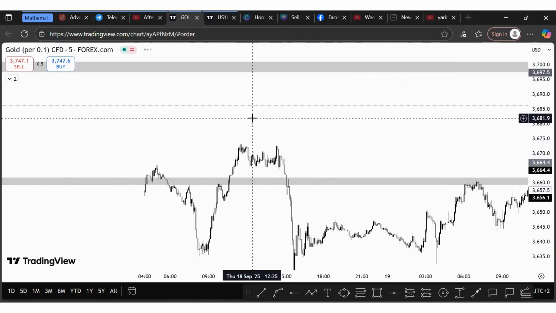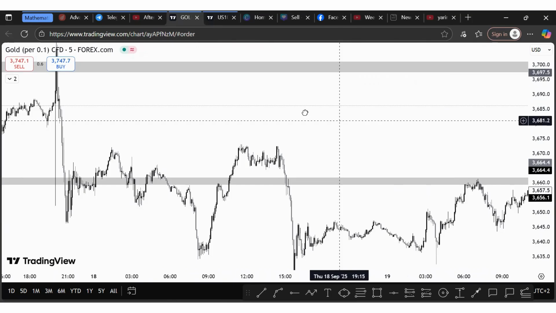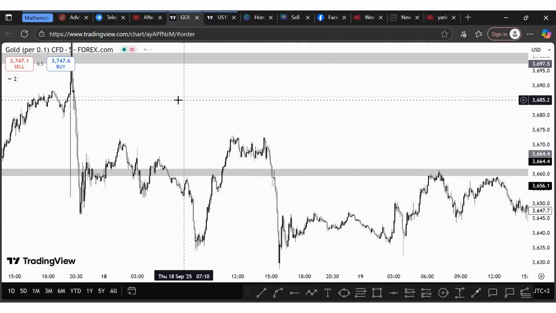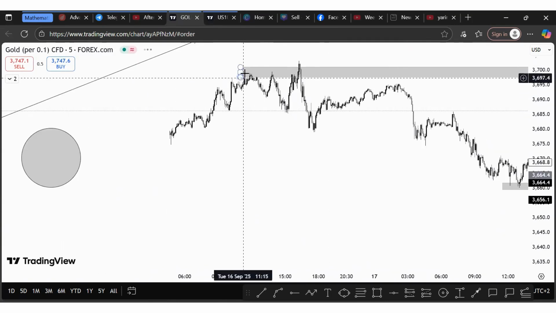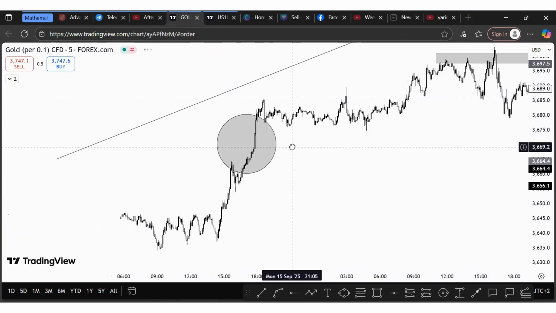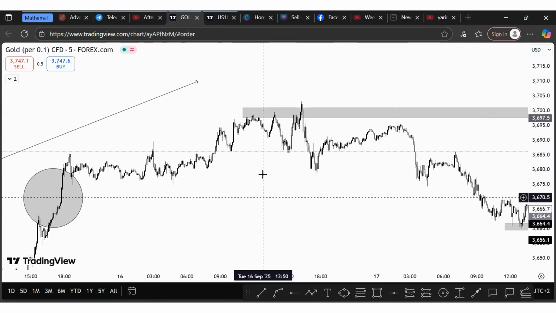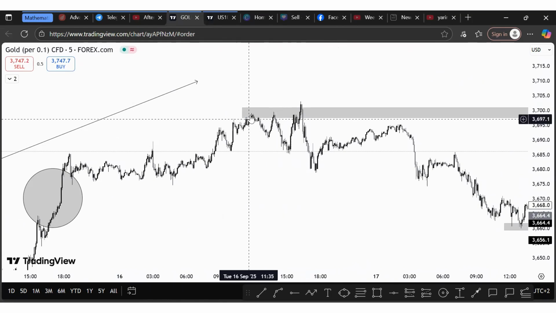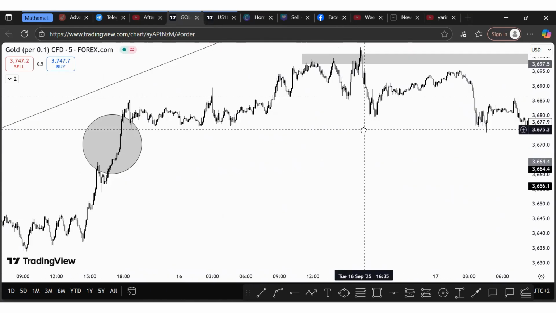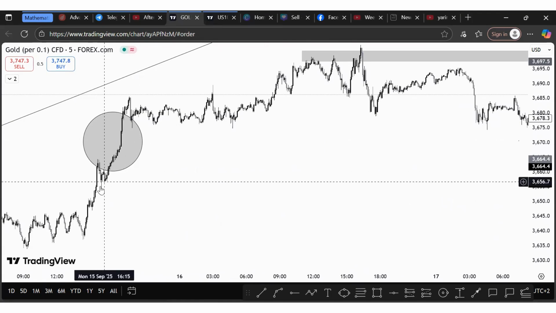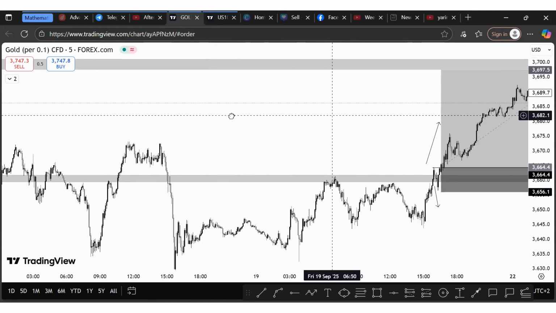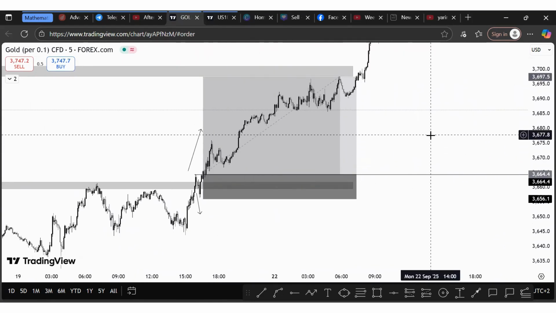We are now above the previous high, where we got the indication the first time that anything above these previous highs would be bullish. So pretty much, that's how we got the gold entry.